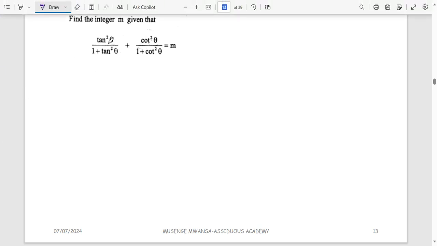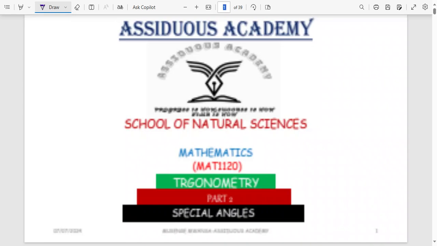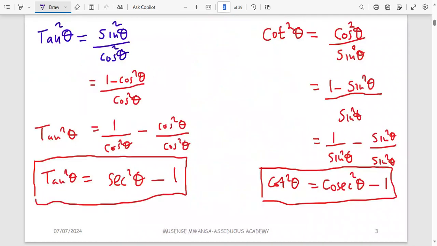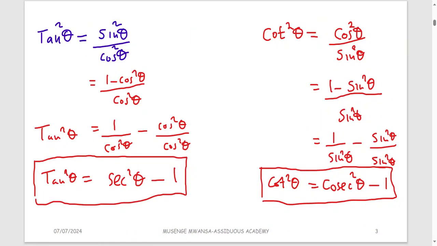Find the integer m. So start with tan squared theta over, what is 1 plus tan? Remember the identities. I don't want to derive again. Remember for tan, can you see that tan squared theta is sec squared theta minus 1?